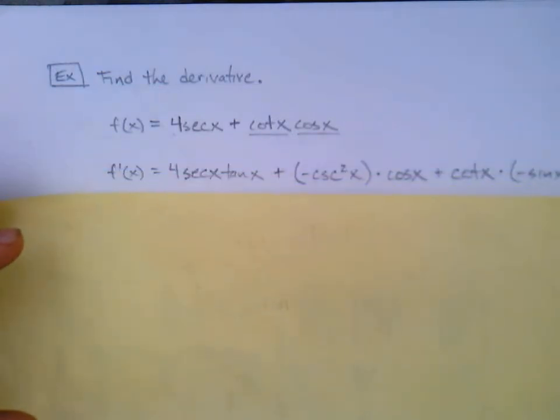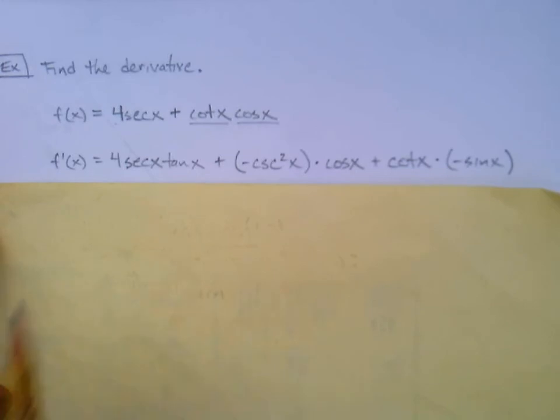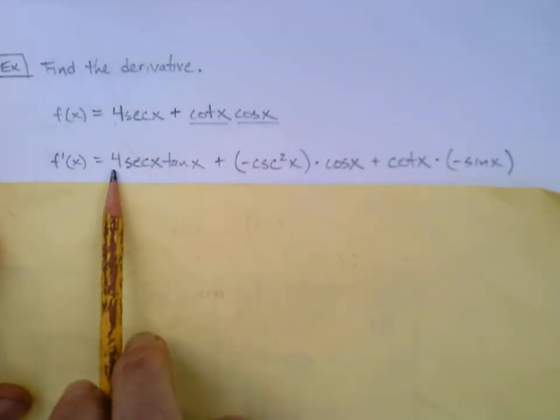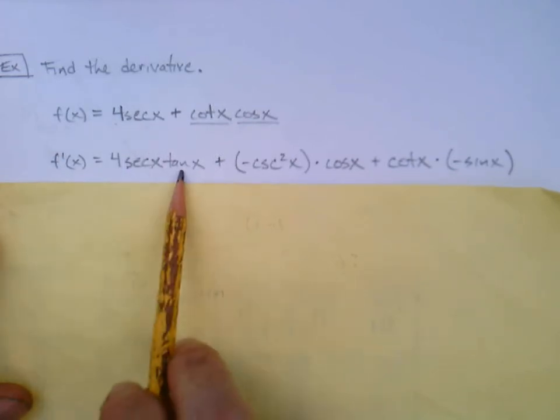Okay, let's do it. I've got it all right here. Okay, so 4 secant x, well, the 4 simply carries down, and the derivative of secant x is secant x tangent x.